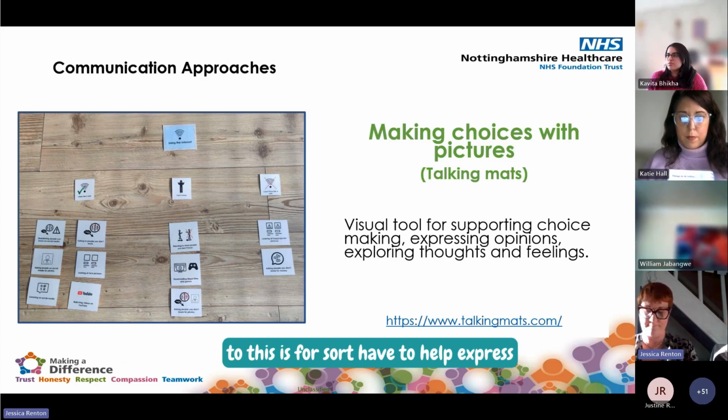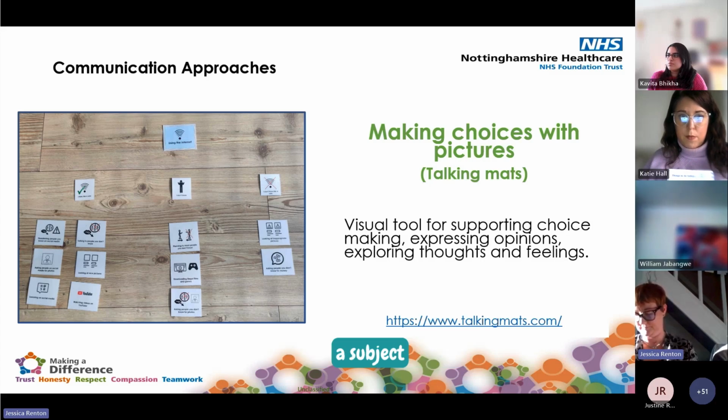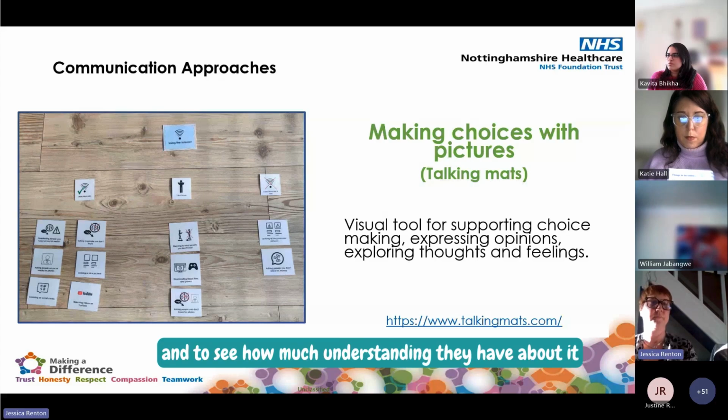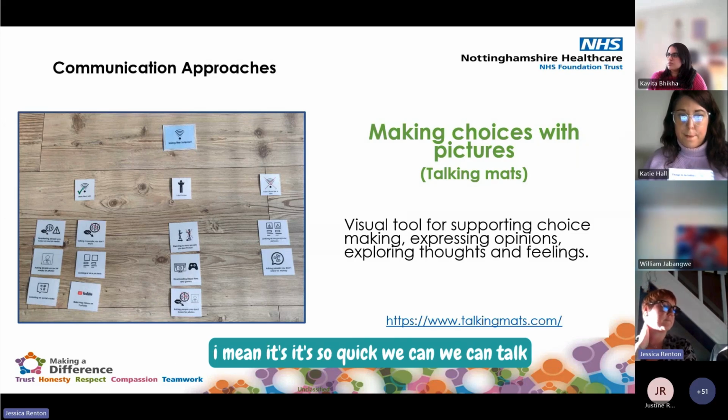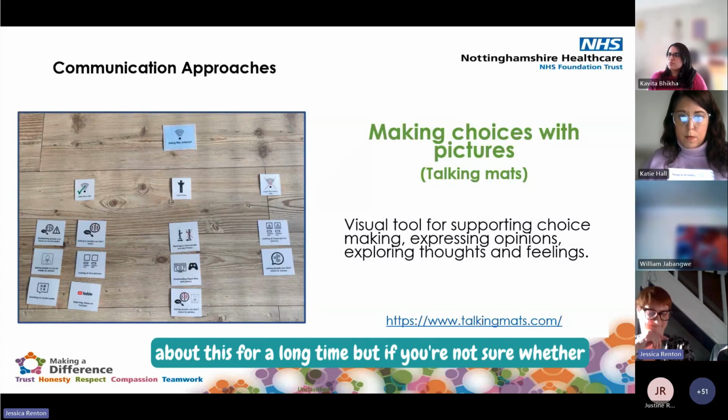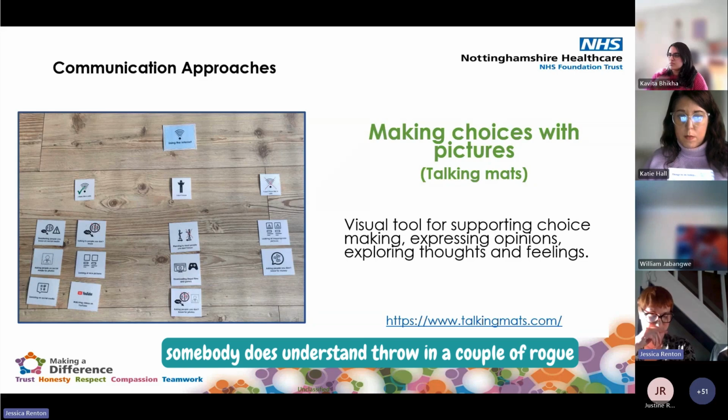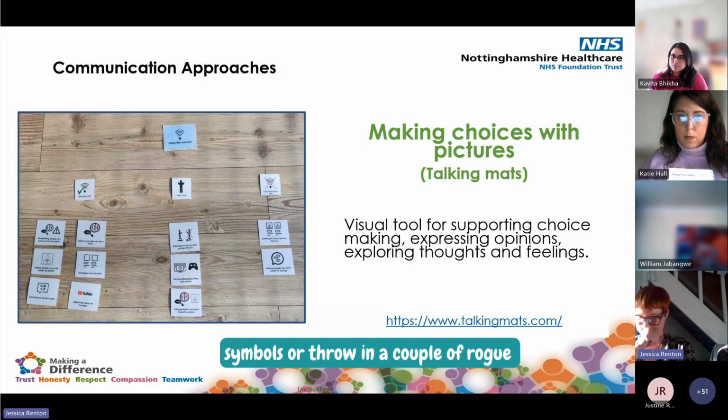This is for somebody to help express their choices or to understand a subject and to see how much understanding they have about it. One thing that is quite interesting with the talking mat, and we can talk about this for a long time, is that if you're not sure whether somebody does understand, throw in a couple of rogue symbols or a couple of rogue pieces of information.